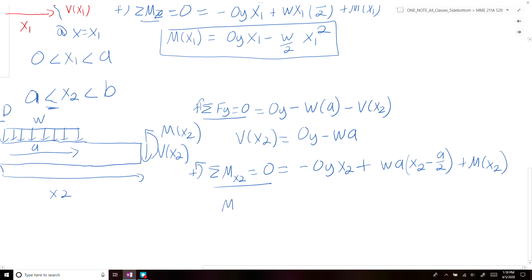So M of x2 is going to be equal to O of y times x2 minus WA x2 plus W A squared over 2.